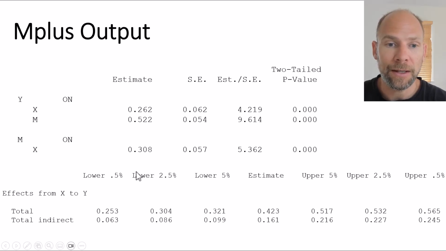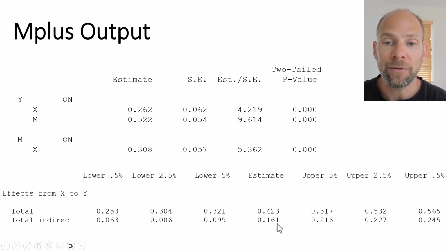You can see here that when we look at the lower 2.5% and the upper 2.5%, those give the boundaries of a 95% confidence interval that ranges from 0.304 to 0.532, and it doesn't include zero, indicating that the total effect is statistically significant at the 0.05 level. Likewise, the indirect effect, 0.161 here, you can see that's the product of the A and B paths.